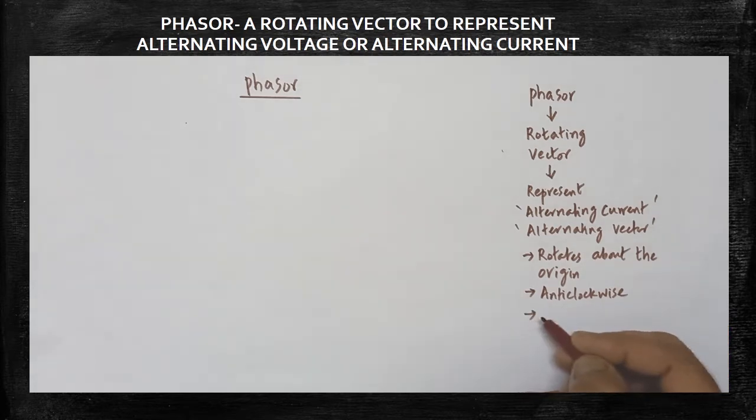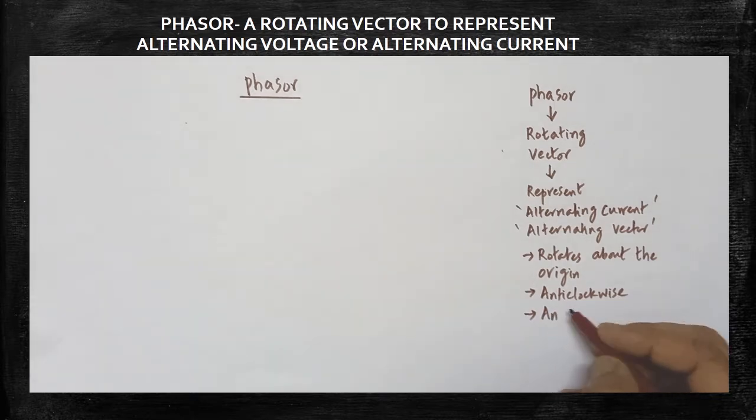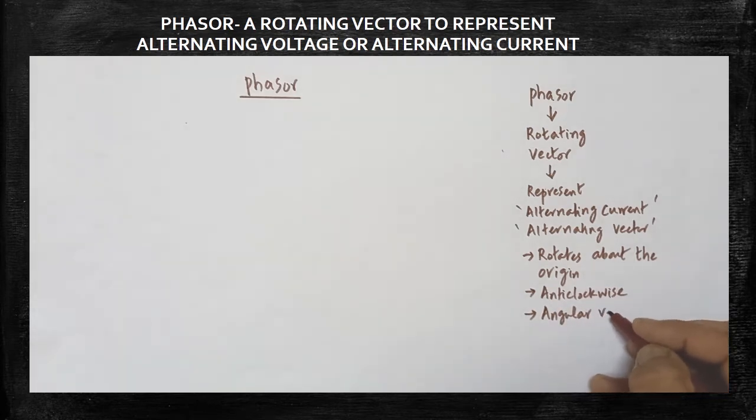When it rotates, definitely that rotating vector will have some angular velocity. What would be the angular velocity of the vector? The angular velocity of the vector will be omega.